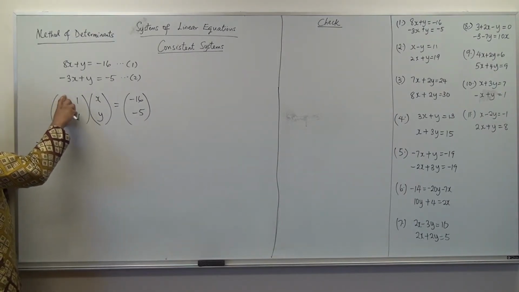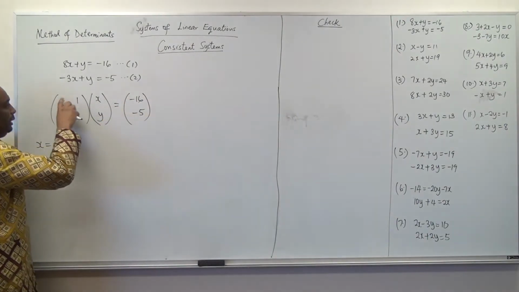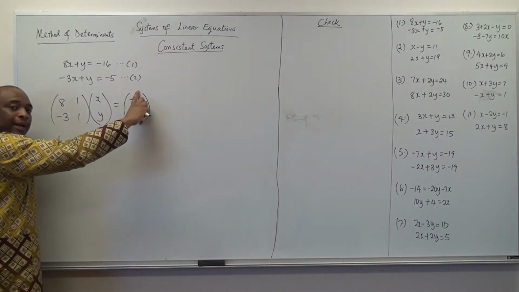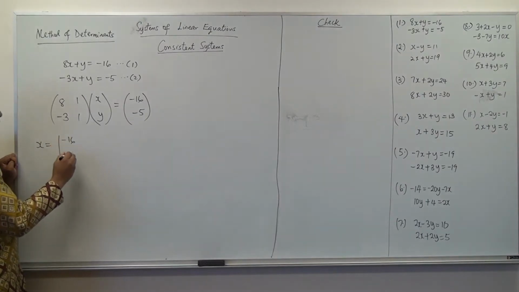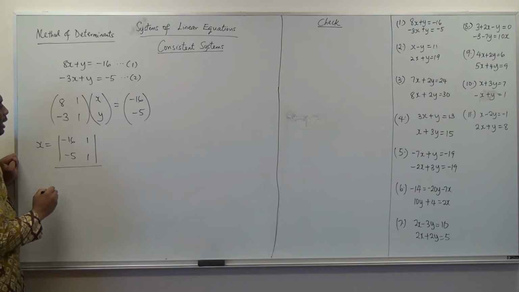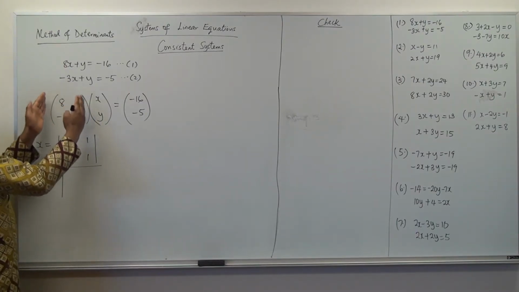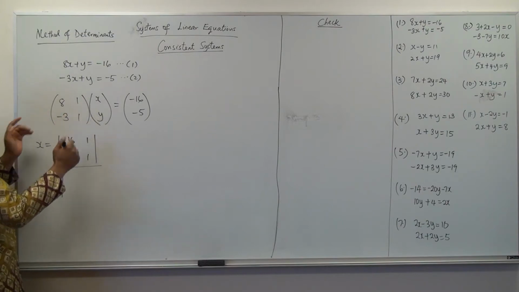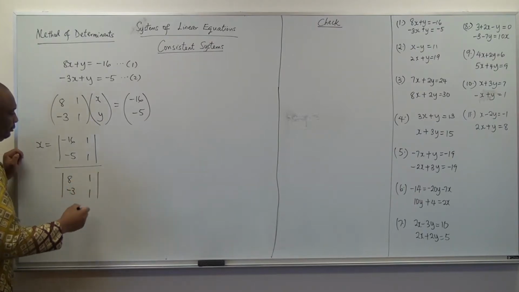In place of the coefficient of x, which is 8, -3, we place the coefficient of the result. So this is -16, -5, 1, 1, all over determinant, the matrix of the coefficient, 8, -3, 1, 1.